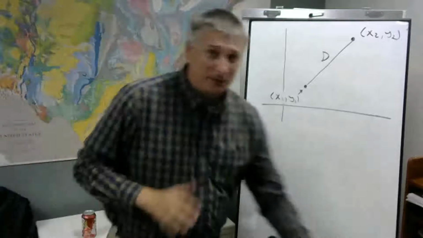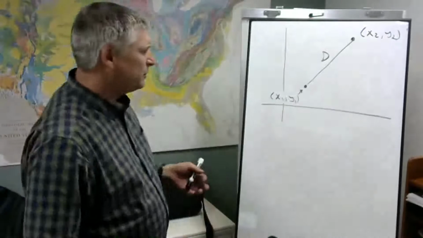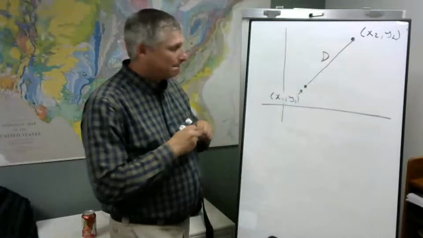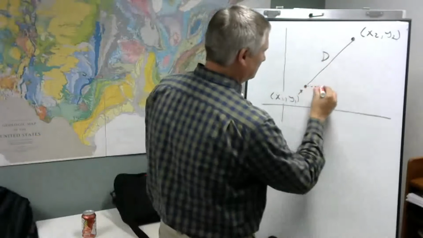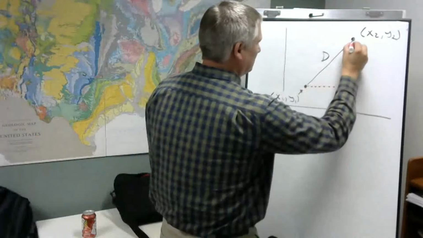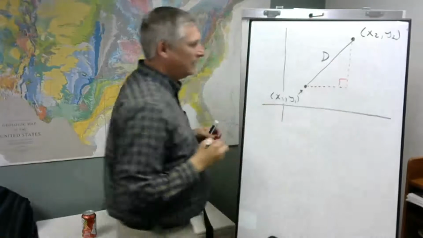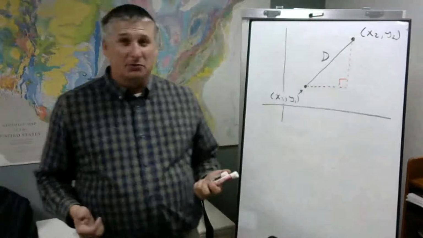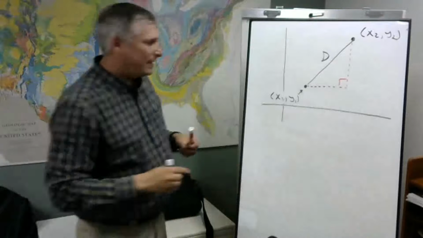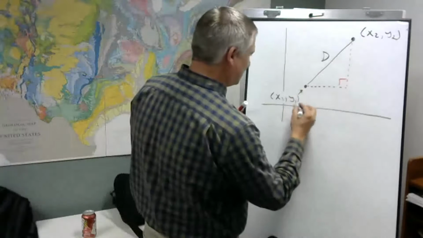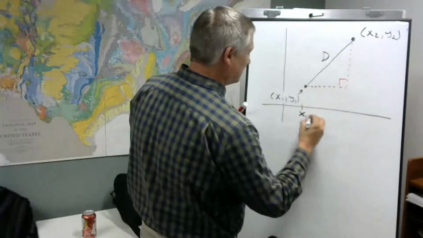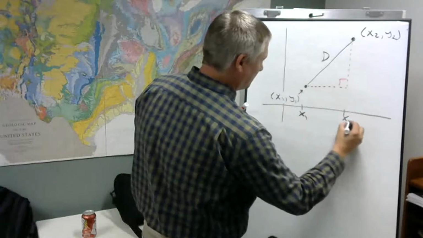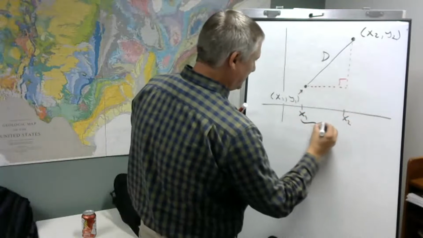Now, a trick we can use is we can turn this into a right triangle. And let's find the base and height of this triangle. Well, the base, we're going from x1 to x2. So this is the base.